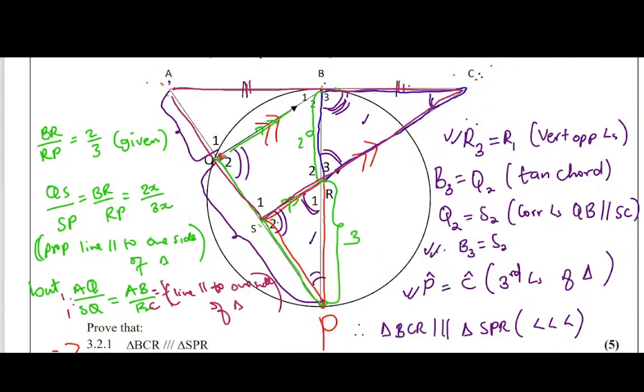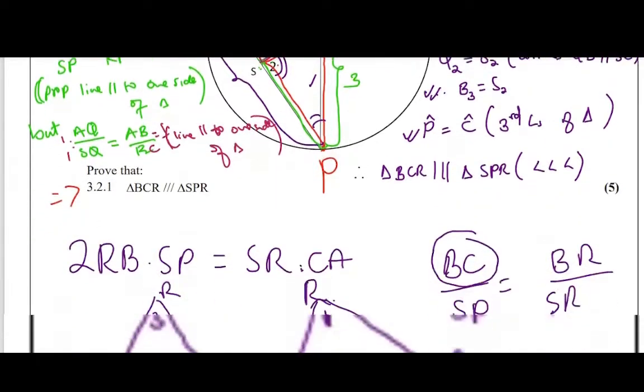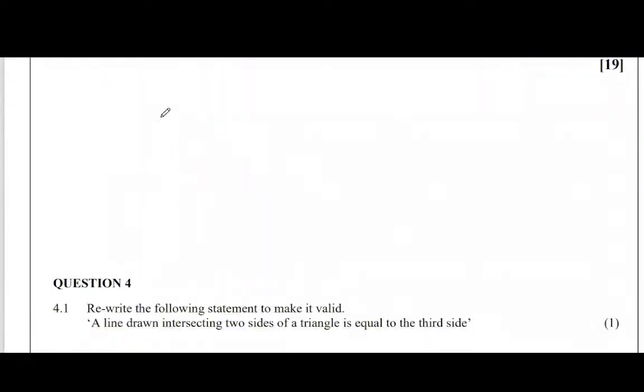Let me just write it down there for the sake of space. Okay, then I'll say that AQ over QS is equal to 1/1, and the reason is AB is equal to BC, which was given to us.